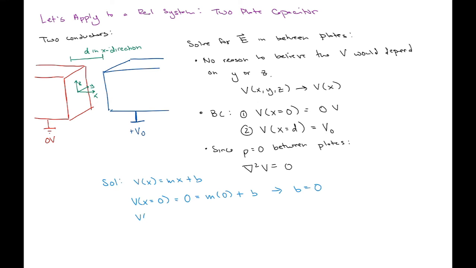Okay, and then I know from my second boundary condition that V naught is equal to MD. That tells me that M must be equal to V naught over D, and that allows me to write out an equation that tells me the voltage between these two plates. Okay, so I get V naught divided by D times X. All right.